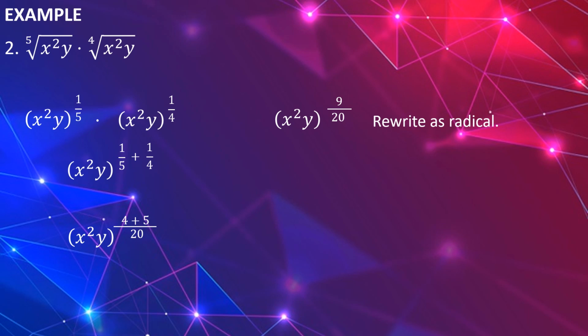We will now rewrite the product as radical. We now place the radical sign, then our index, which is 20, our radicand, which is the product of x squared and y, and its exponent, which is 9.